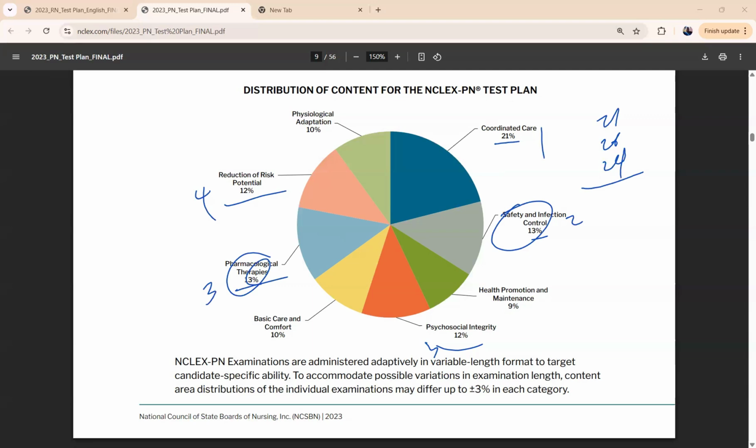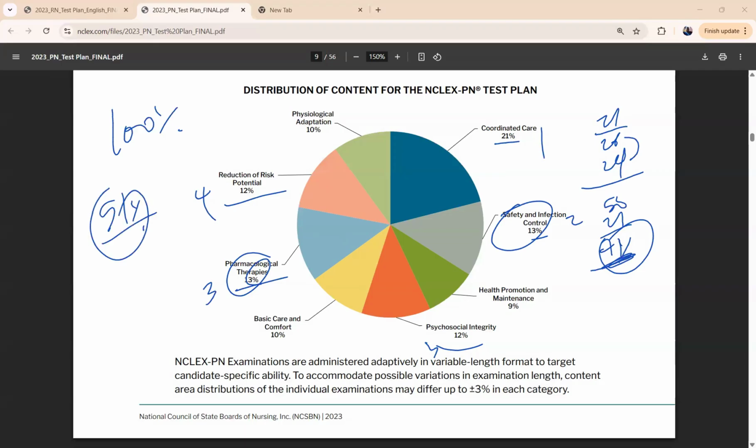So this 2 is 50, plus this, we have 71%. If you study these 5 areas, you are 71% ready to pass the NCLEX exam. Your whole exam is 100%, and you only need 51% to pass, because that 1% will put you above the passing standard. We have 71% just studying these 5 areas, so we are ready to pass.